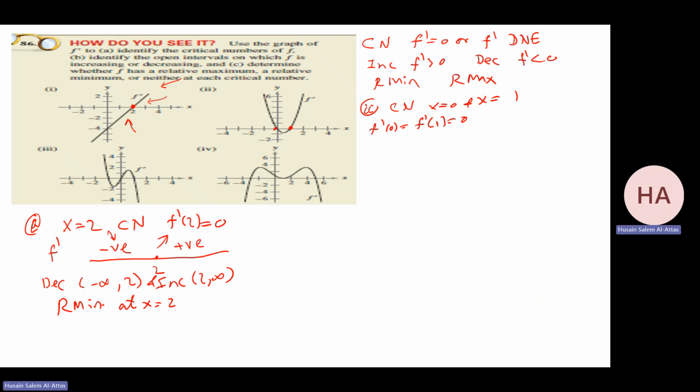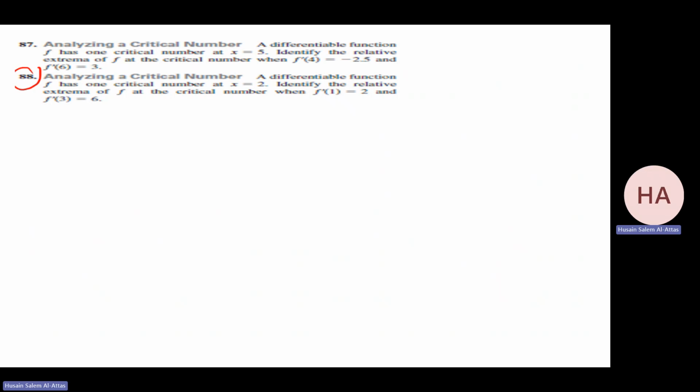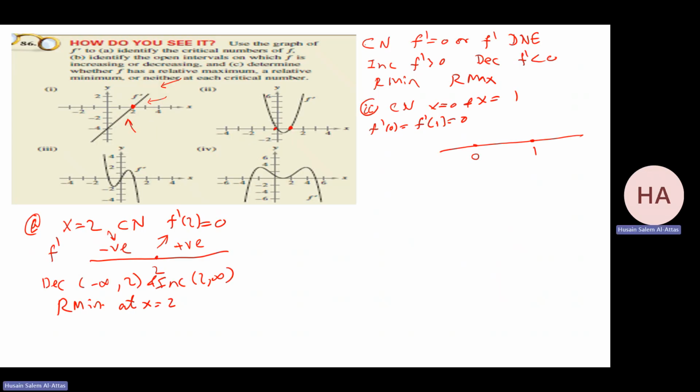Okay. So if we put the number line, this is 0. This is 1. So before 0, the value of the function is positive. Between 0 and 1 is negative. I'm talking about f prime. This is the graph, and this is positive. So this means increasing, decreasing, increasing.